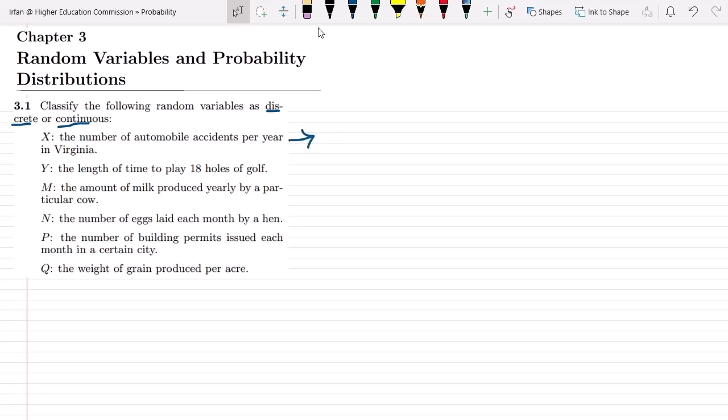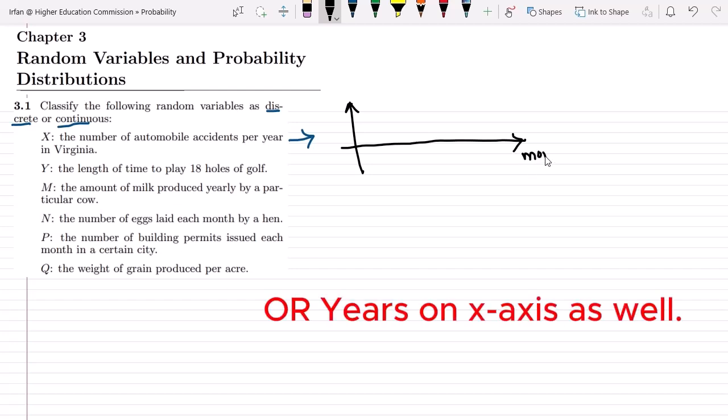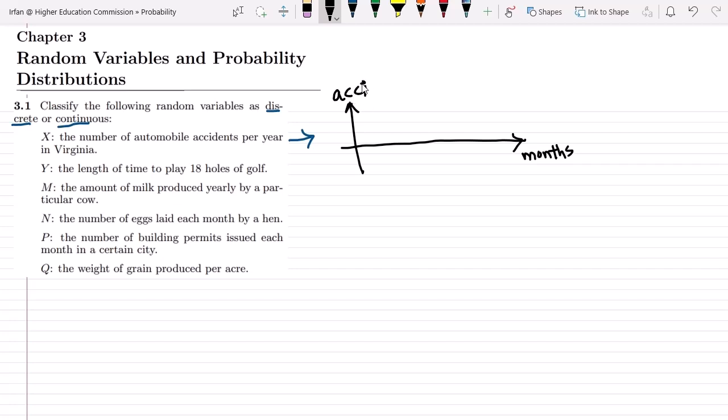Here we can very clearly see that if we have this line, these are the months, and these are the accidents on the y-axis. The values would be 0, 1, 2, 3, 4, 5 or so on. All of these are taking discrete values.